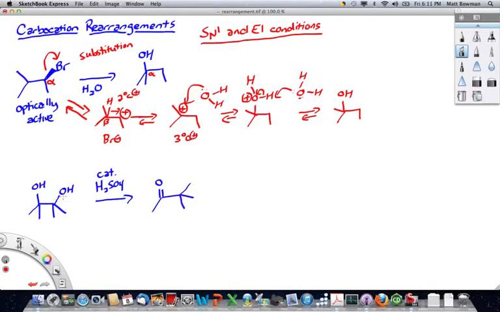The way we do that is first we have to form a carbocation. In order to do that, we need to have a good leaving group. That's where the sulfuric acid comes in.